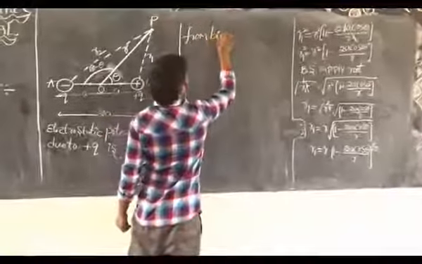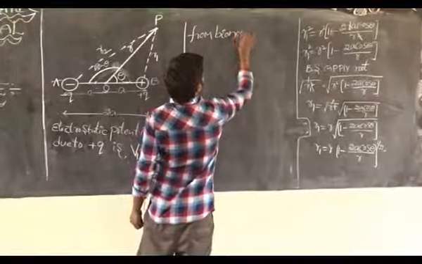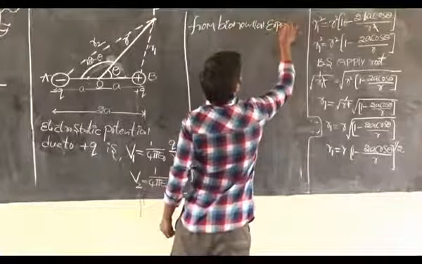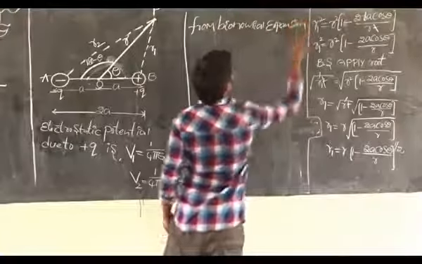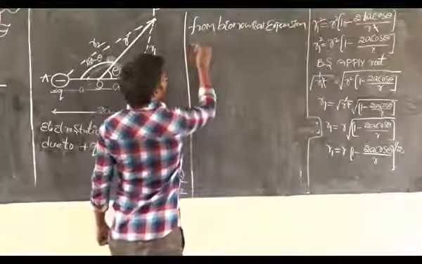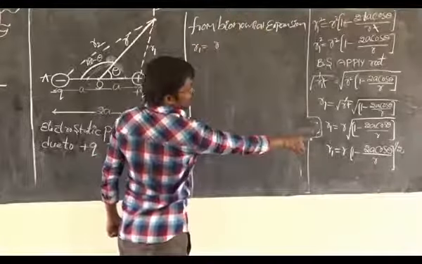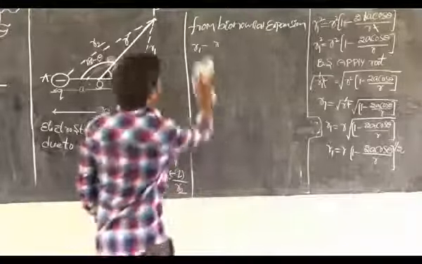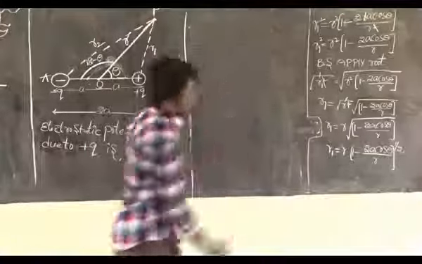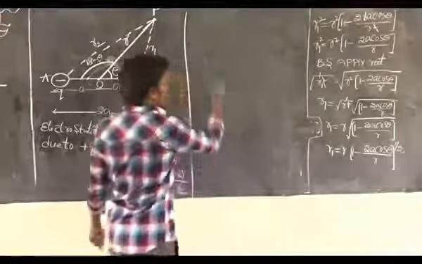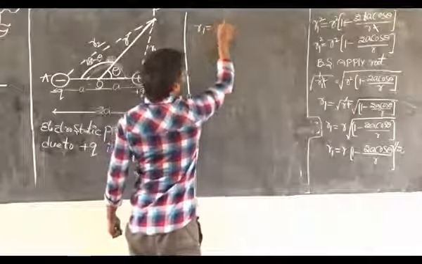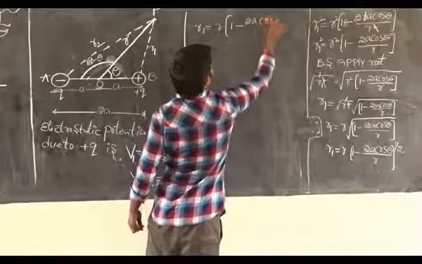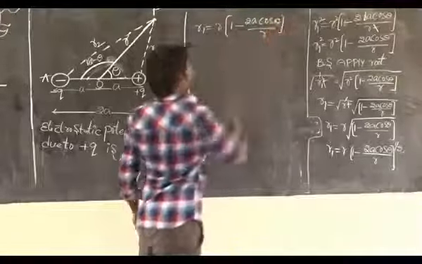From binomial expansion, R1 is equal to R into 1 minus 2a cos theta by R. This is the term.